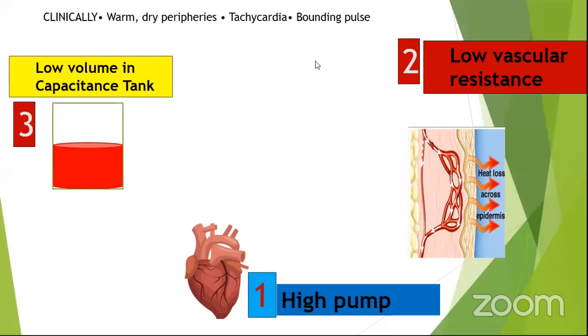So what do you think about the types of shock here? You can just write it in the chat channel, please. Is it distributive or resistive shock? It's distributive shock. Okay. Someone mentioned both, how would it be? With these parameters, it is distributive shock.